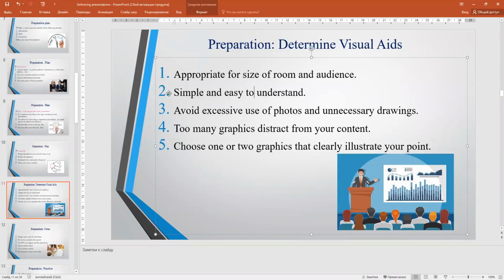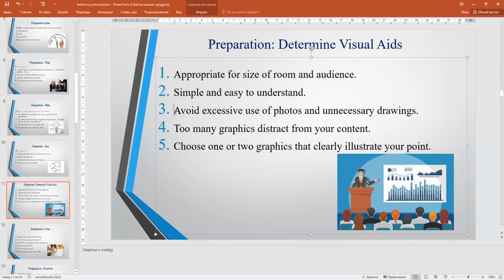And the second tip is simple and easy to understand. Your presentation should be simple and easy to understand. Okay, it shouldn't include unrelated and incomprehensible content.